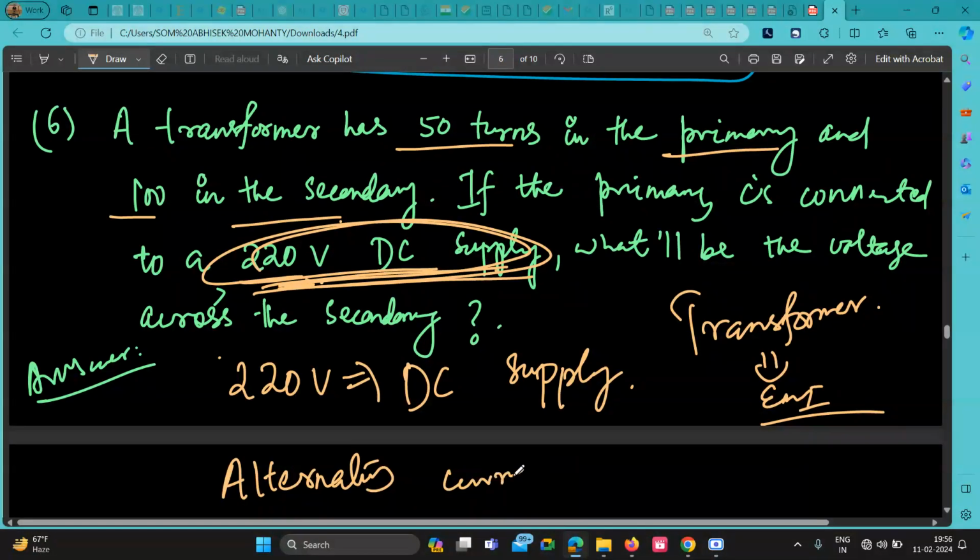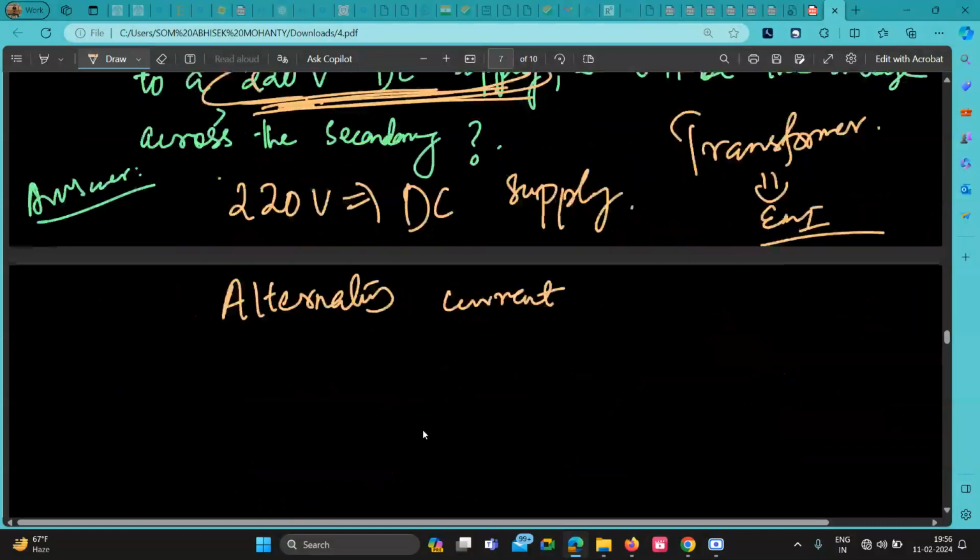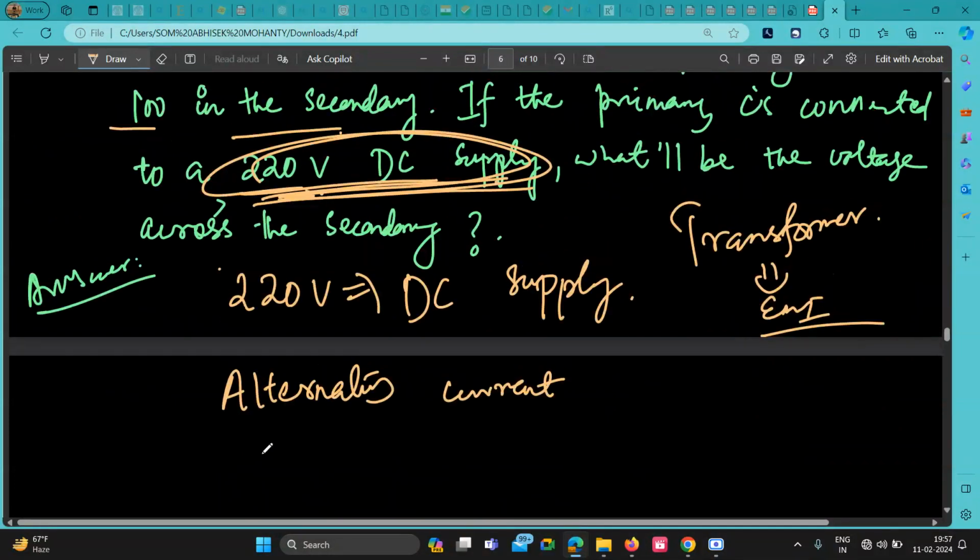So for direct current it doesn't work. So for direct current, what? It won't work. So your voltage will be what? There is no changing current, so the voltage in the secondary will be zero. Simple.